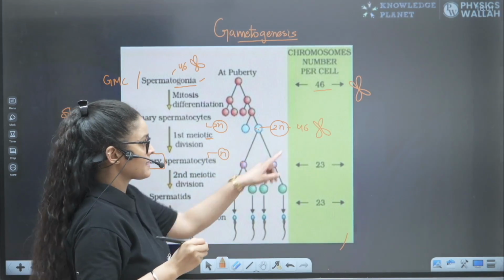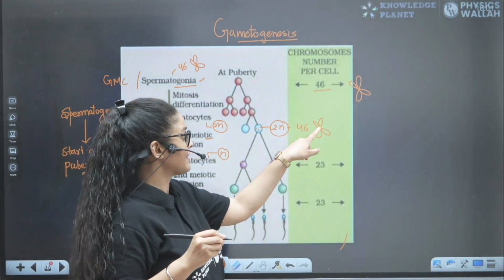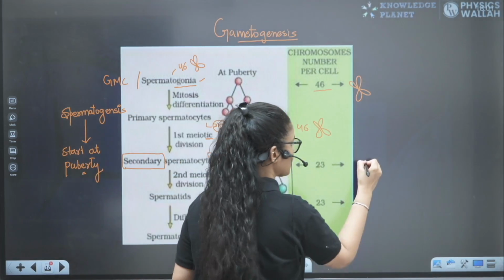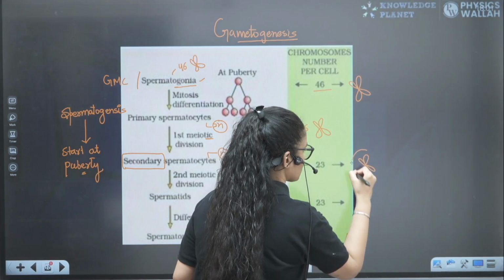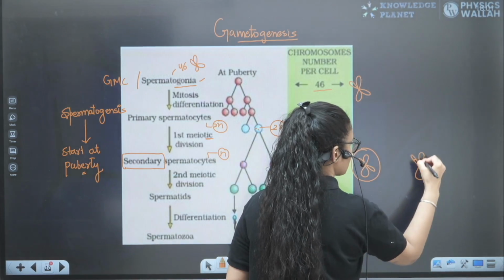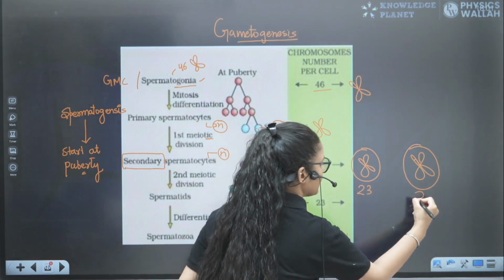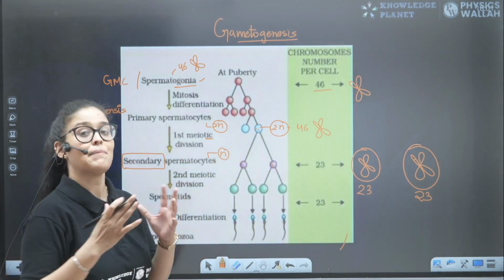How? Such 46 structures get unpaired. So 23 structures will go in one secondary spermatocyte, and 23 structures will go in the other cell.